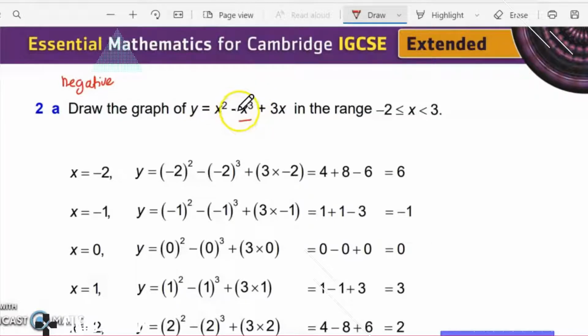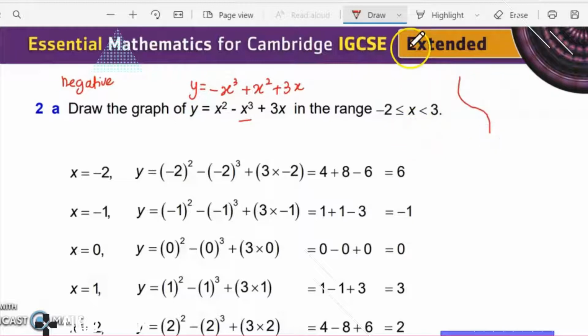So we know that once it's negative, this is negative cubic. Okay, so tengok kat sini lah. Kalau kita susun balik, this is like this. So means that here, bila ada negatif kat sini, automatically you akan end up dengan negatif cubic. So negatif cubic, bila you draw, dia akan dapat bentuk macam ni.